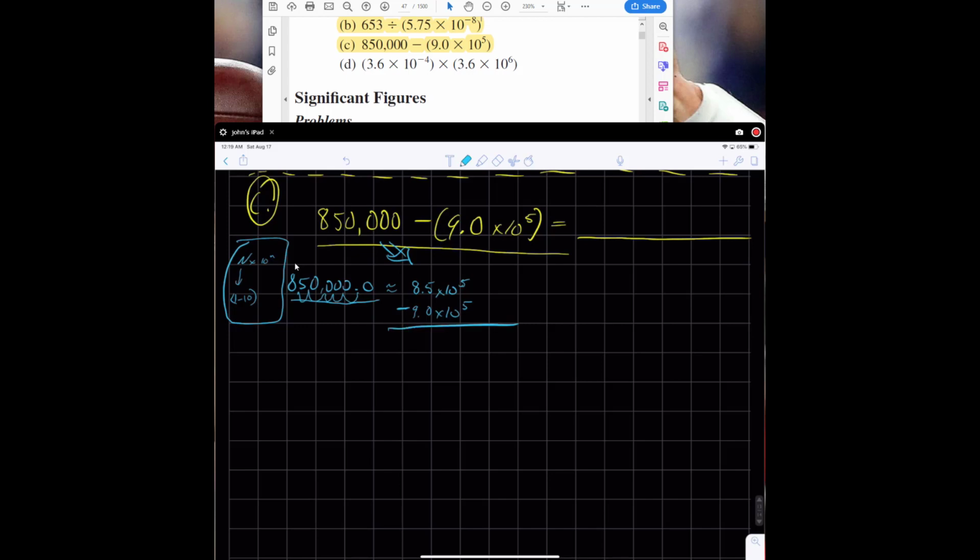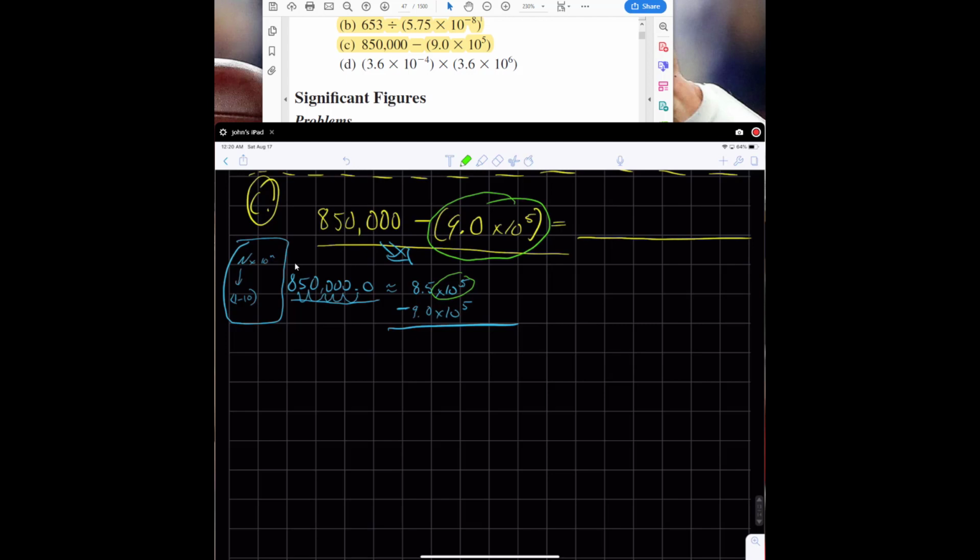And I'm sorry, I totally forgot. It just worked out this way here, that conveniently converting 850,000 to scientific notation, 8.5 times 10 to the 5, this times 10 to the 5 just so happens to be the same as what this number is using.